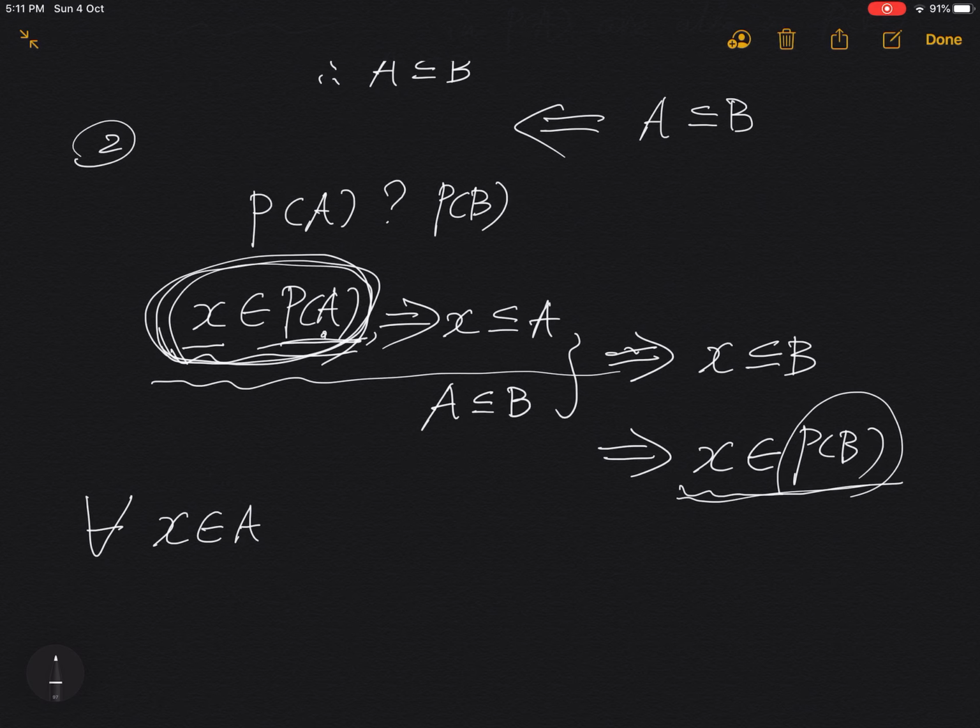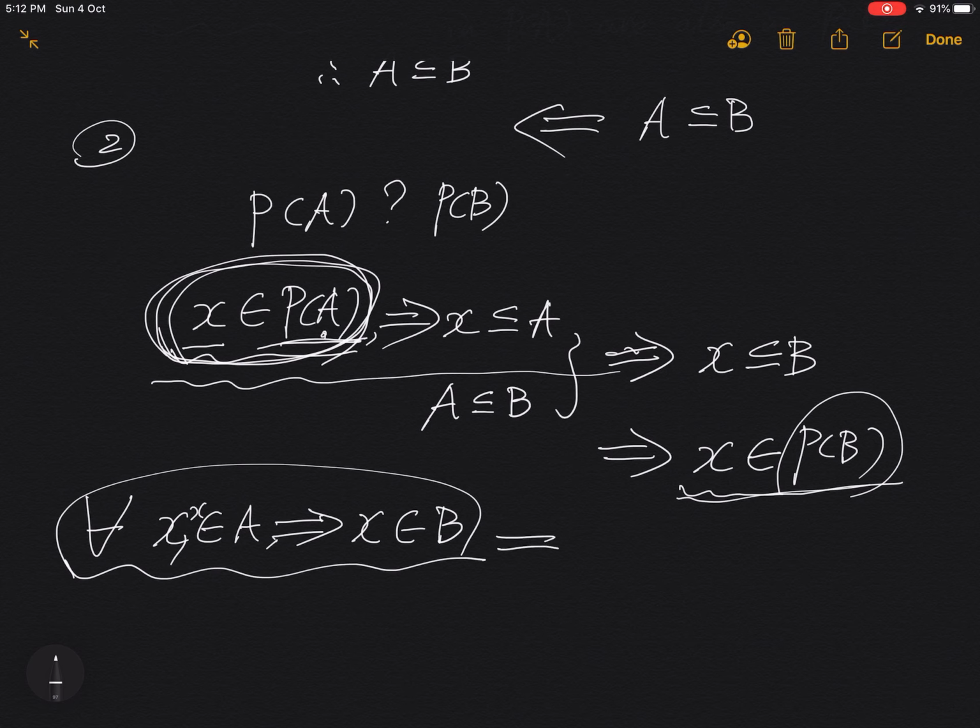If we have, for all x, if this x is in set A then x is in B, the definition of the subset is this.